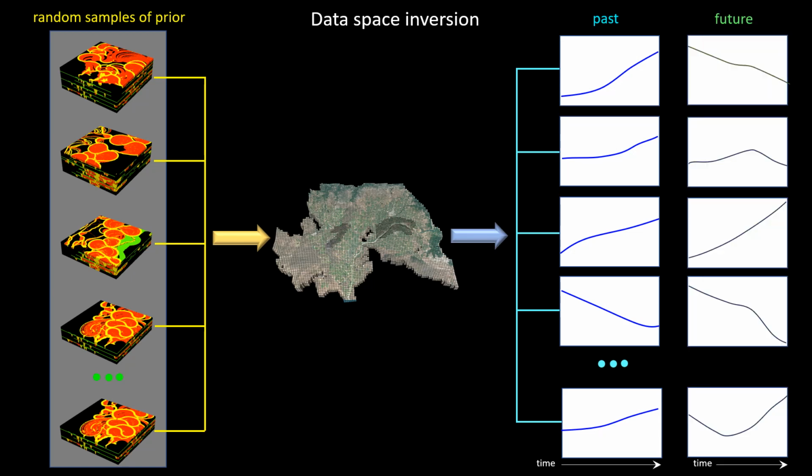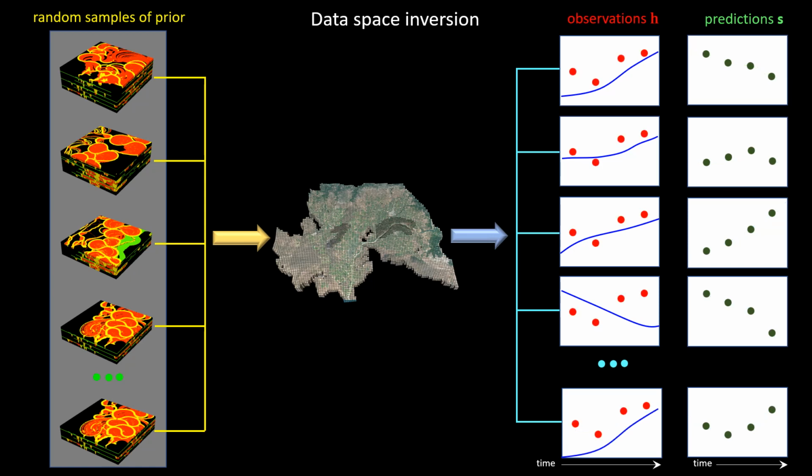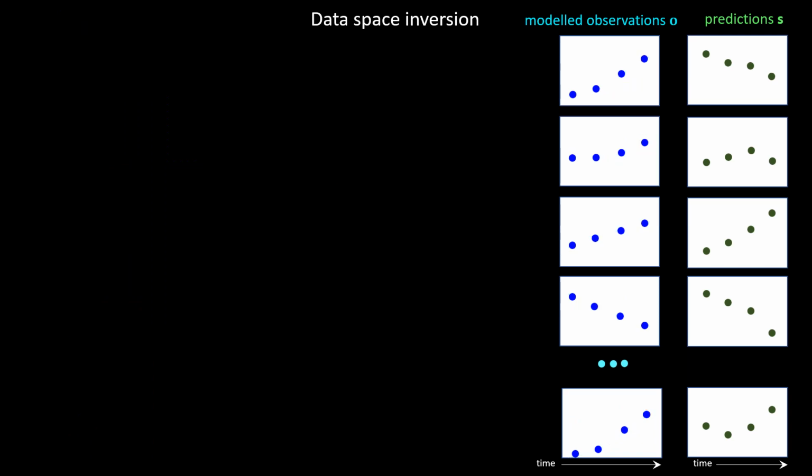There's certain aspects of the future that we're particularly interested in, predictions of management interest. There's certain aspects of the past that we're particularly interested in. These are model outputs that correspond to observations of fluxes and states, things that comprise the history matching data set.